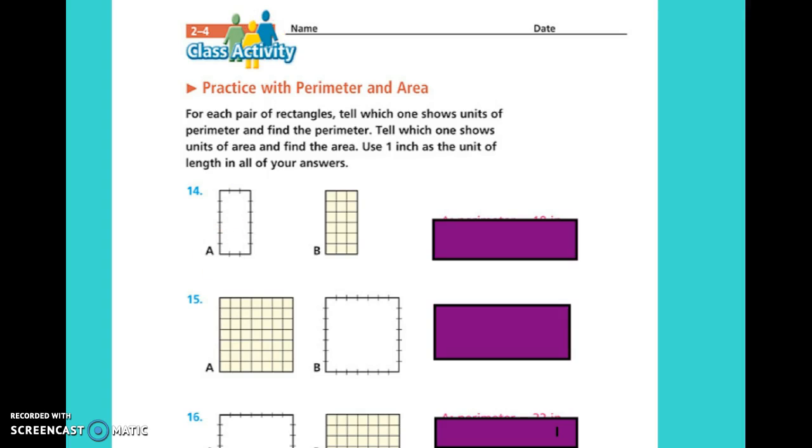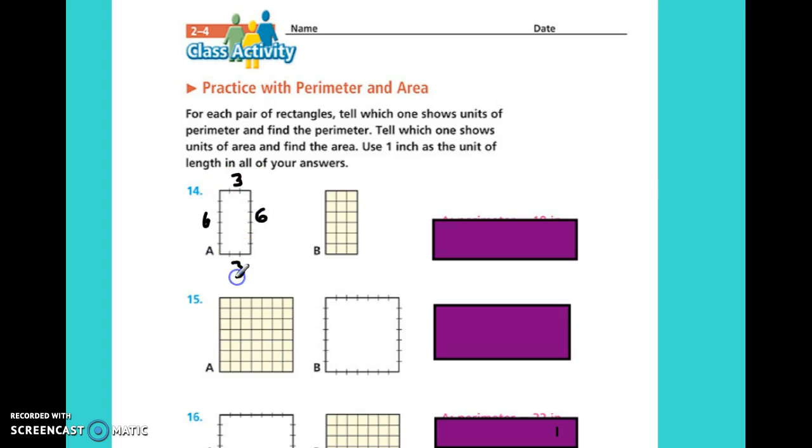I'll show you how to do one, and then I'll have you practice one. So we're going to count how many are here. We've got 1, 2, 3, 4, 5, 6 units here. And they say they equal 6 inches based on that. And here we have 1, 2, 3. So if I was going to find the perimeter, I know if this is 6, that this is 6 right across from it. And if this is 3, then this is 3.